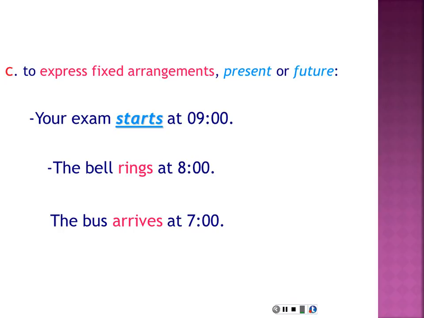So again we have an arrangement and it's fixed. So maybe in the UK the bus arrives, or this bus that we are talking about, a specific bus, arrives at 7 a.m. So this is another fixed arrangement.